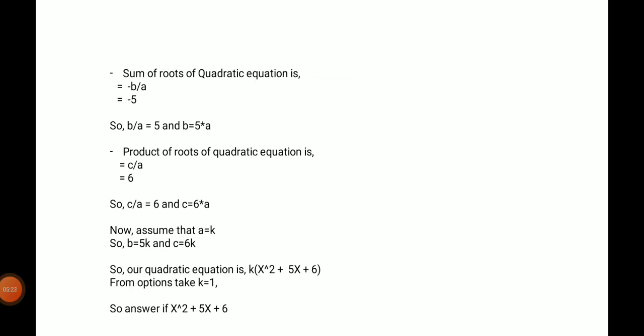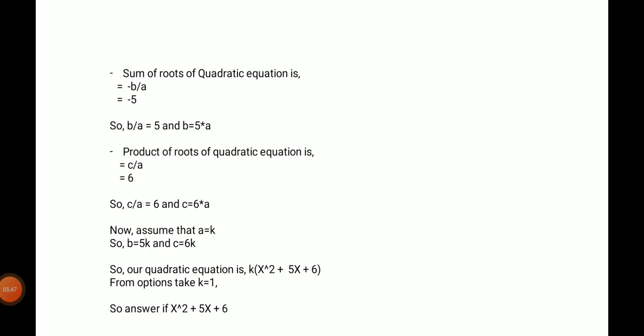From this you can write b/a = 5, or b = 5a. The product of the roots of a quadratic equation is c/a, and it is 6, so c/a = 6 and c = 6a. Now assume a = k.